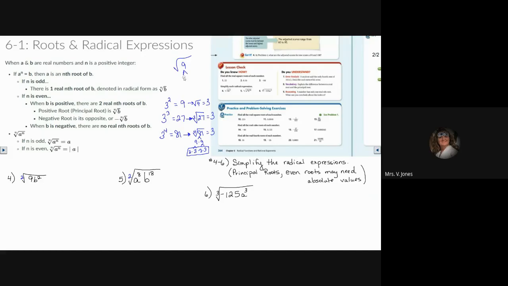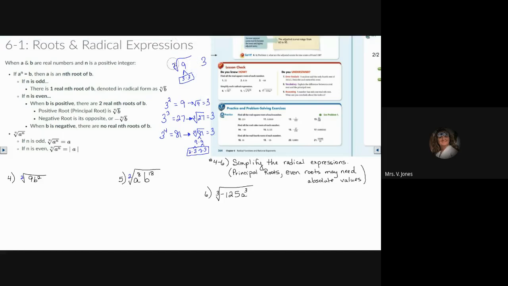For you to be able to simplify it, the same number has to be multiplied twice for it to come out once. So since this was a square root, you need 2 of these for it to come out as 1. Okay, so that's kind of what we're getting ready to do.